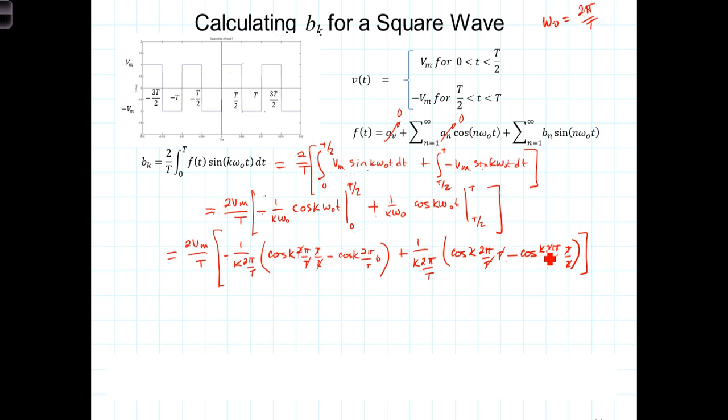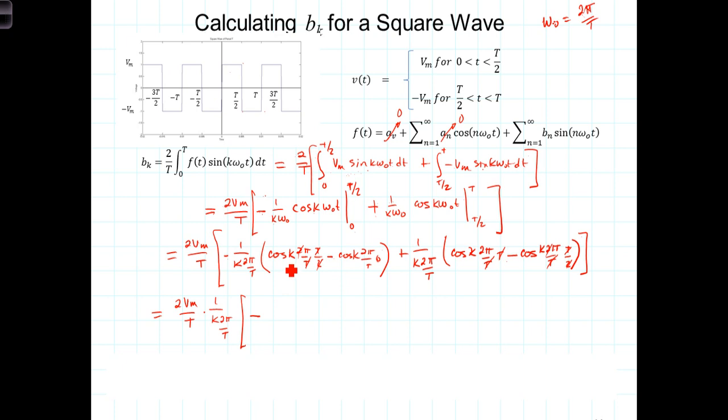And let's clean this up again. We've got this 2 V sub m over T multiplying this entire thing. Well, both of these two terms have a 1 over k 2 pi over T. So let's bring that on outside. I've got 1 over k 2 pi over T. And that leaves us then with a minus multiplying both of these terms.